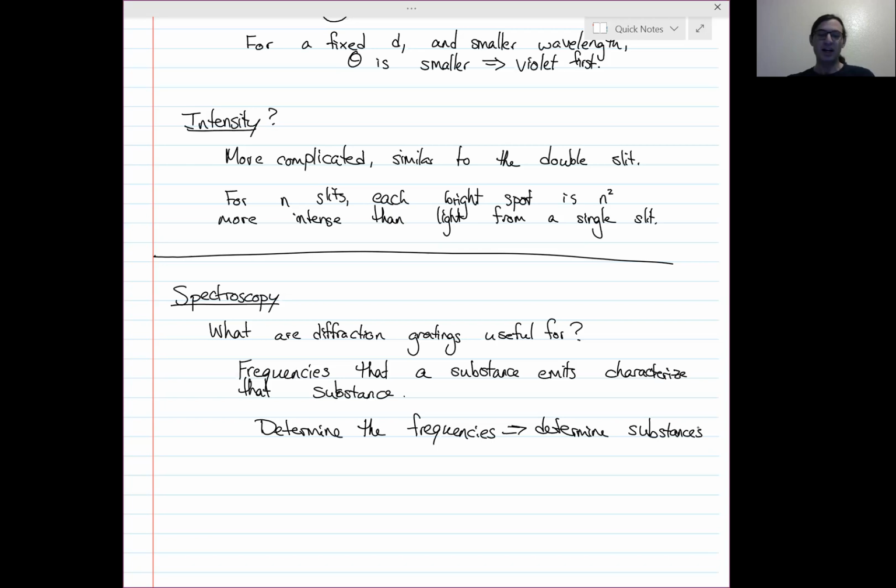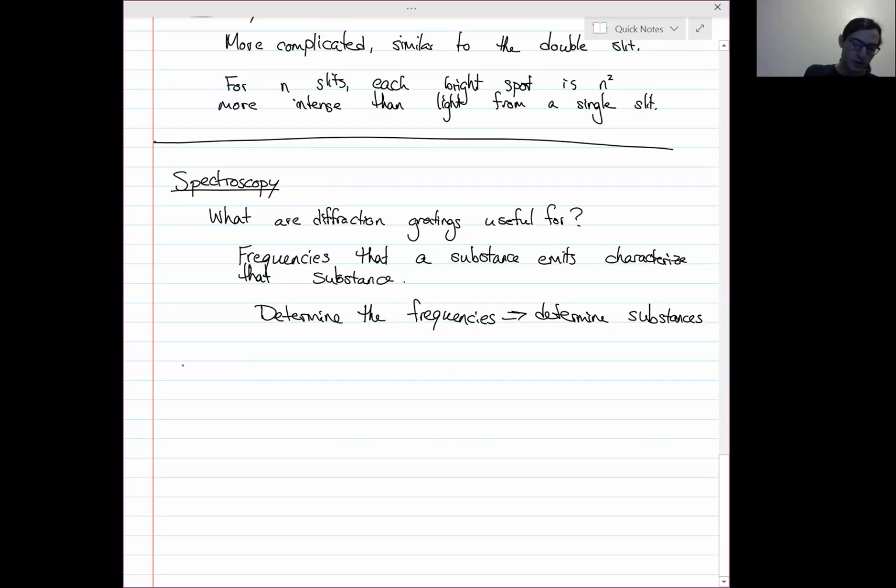Anyway, another reason why we might care about spectroscopy is for the following reason. So first, I want you guys to recall the Doppler effect for light. The Doppler effect scales frequencies by the following amount. For light, it's c plus or minus v divided by c minus or plus v, right?